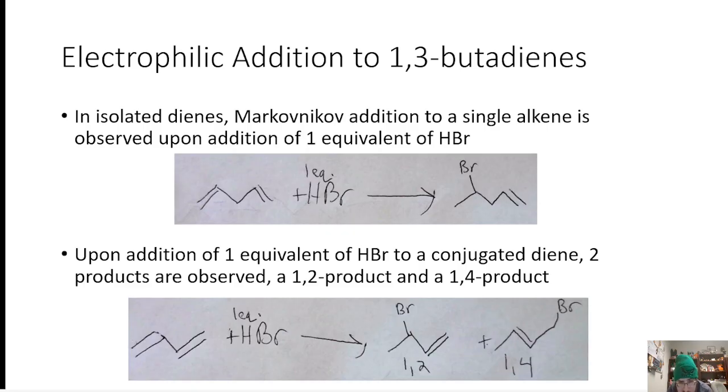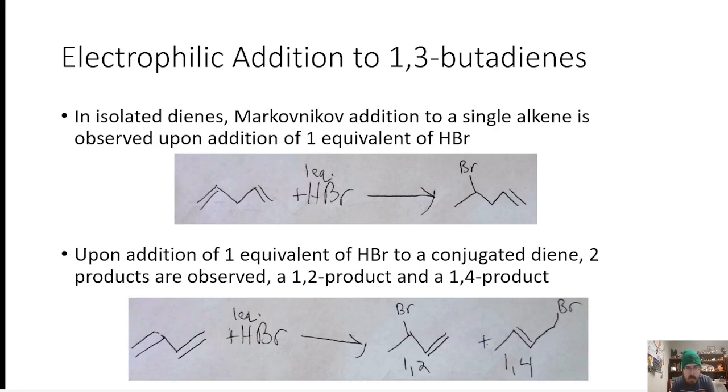And that is coming from the idea of a conjugated allylic carbocation. So we form a carbocation on the secondary carbon. Conjugation allows us to move the secondary carbocation to a primary position on the 4 carbon.